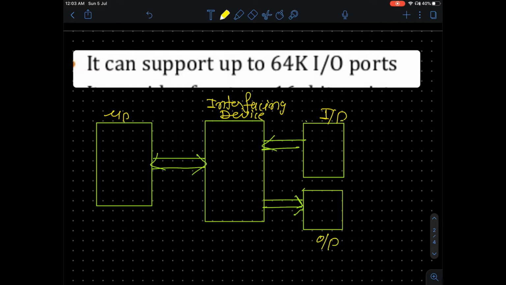Say the input device is your keyboard, and the output device is a printer.